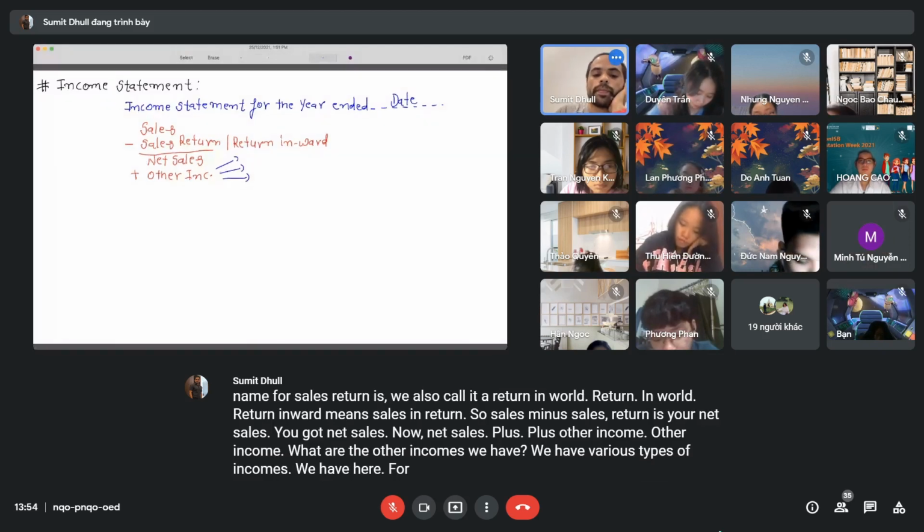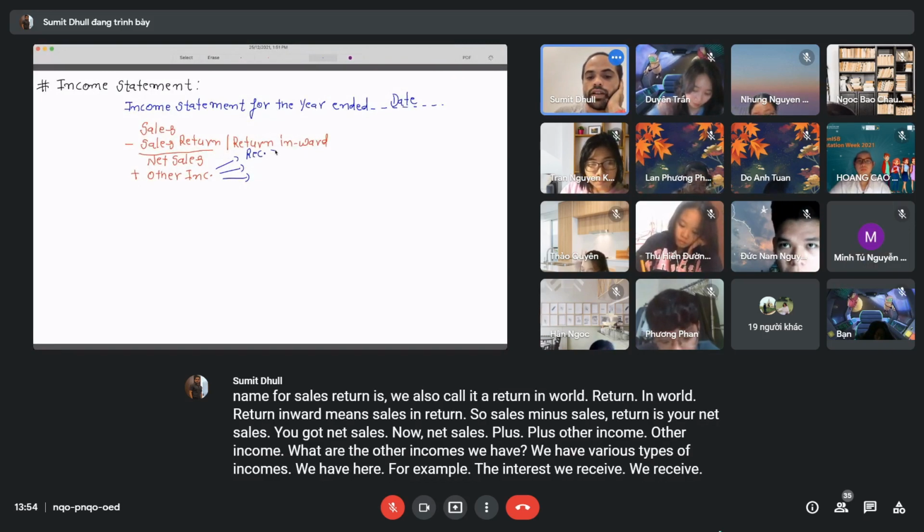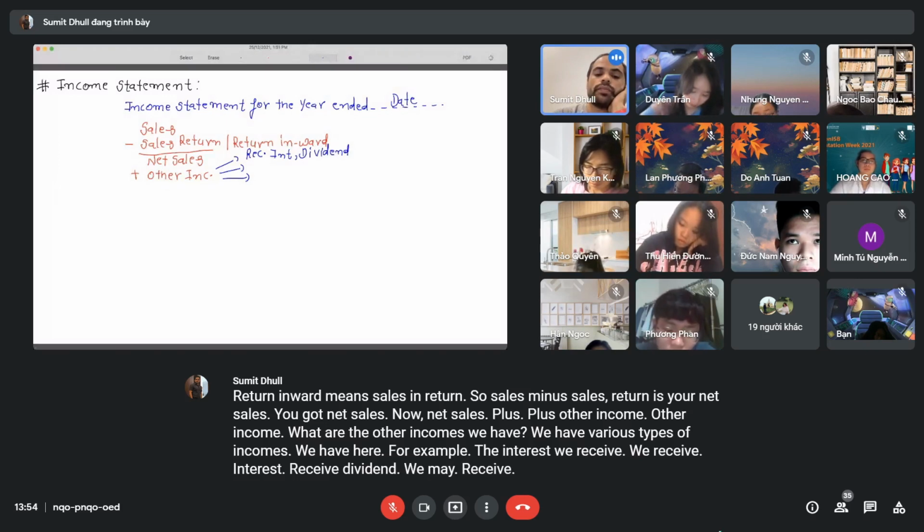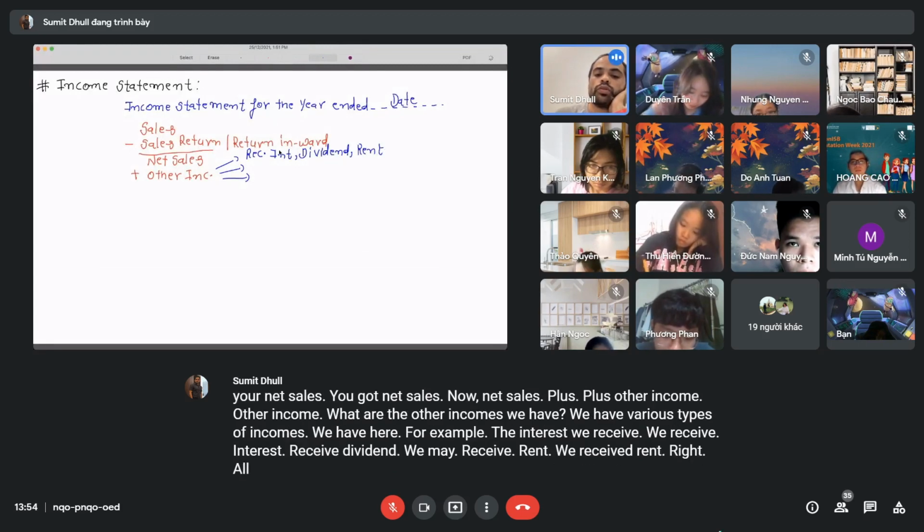For example, we receive interest, receive dividend, we may receive rent, we received rent, right? All these are income, non-operating income, you can call it.